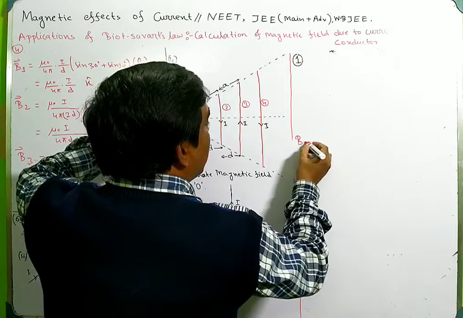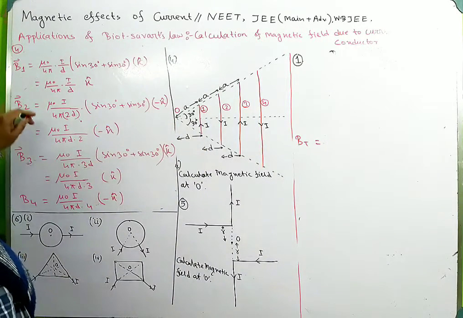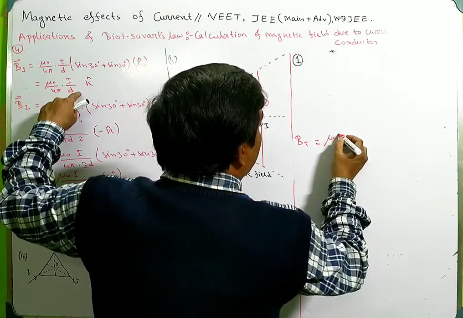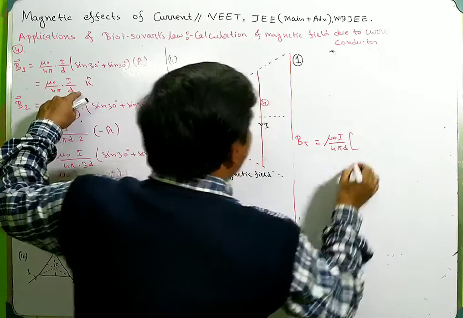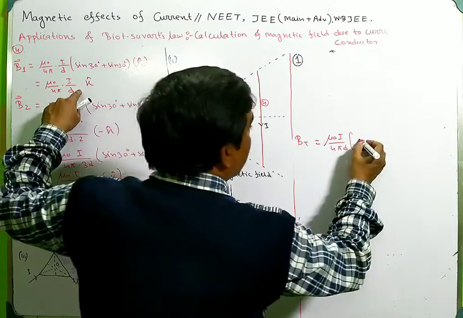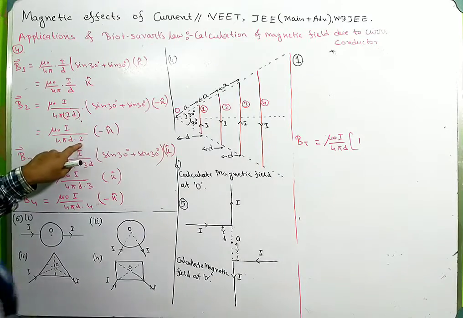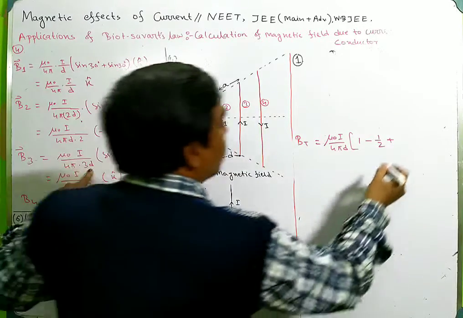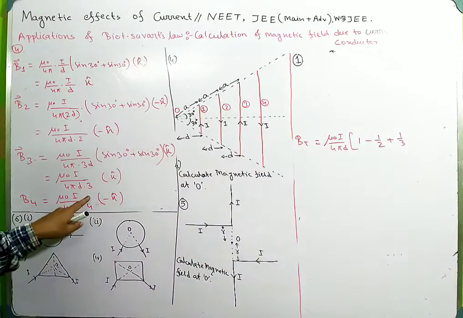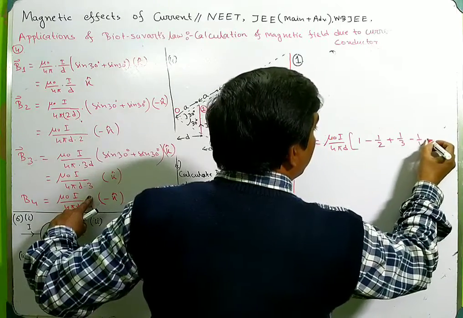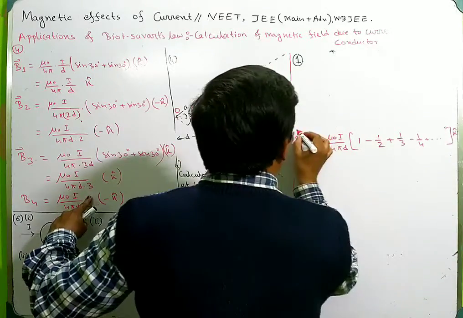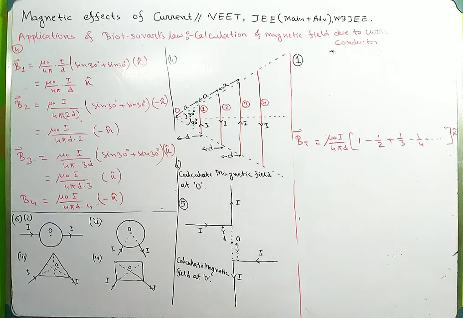The total magnetic field at O is equal to the summation of these magnetic fields. So mu 0 I by 4 pi d is common, so it will be 1. For this one it will be minus 1/2, for this portion it will be 1/3, for this portion it will be minus 1/4, and so on, along k cap.